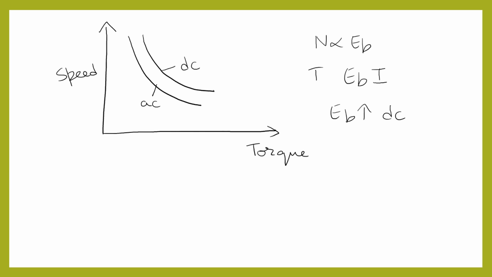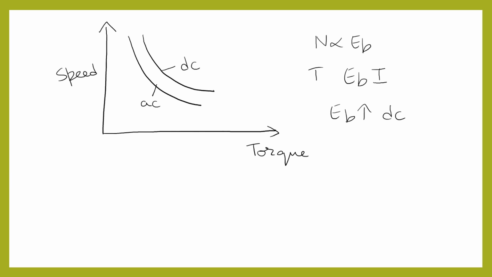connected in series with the armature, or it is short circuited on itself. The effect of this compensating winding is to reduce the armature reactance of the motor, which will increase the EB value, and hence it will provide better speed regulation.